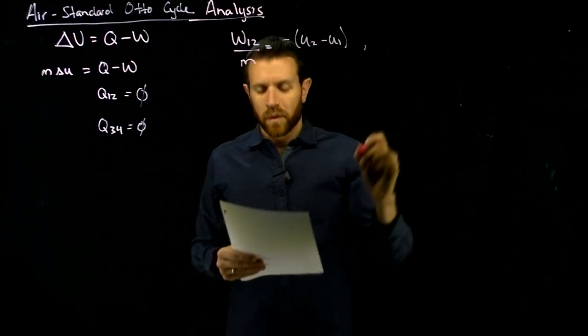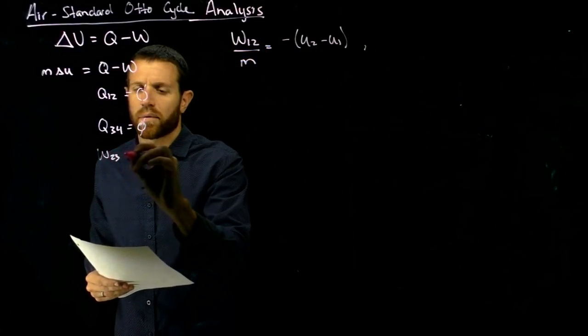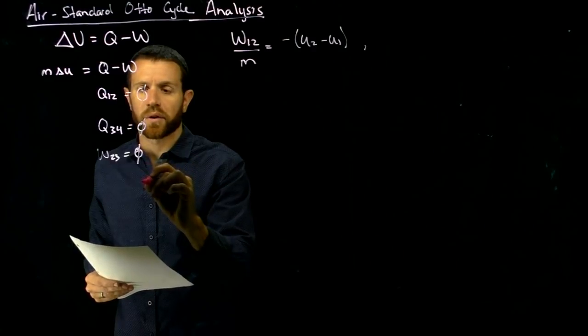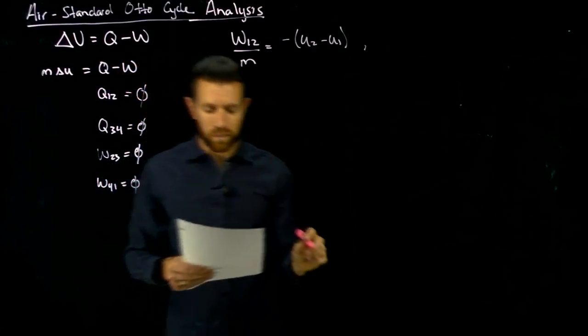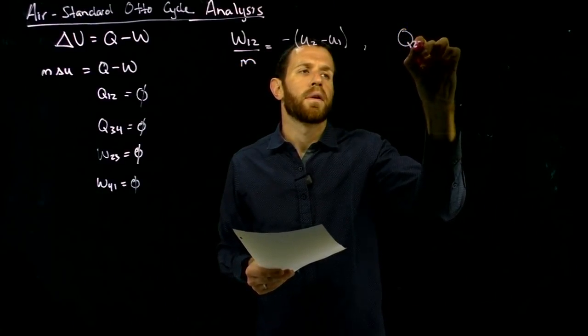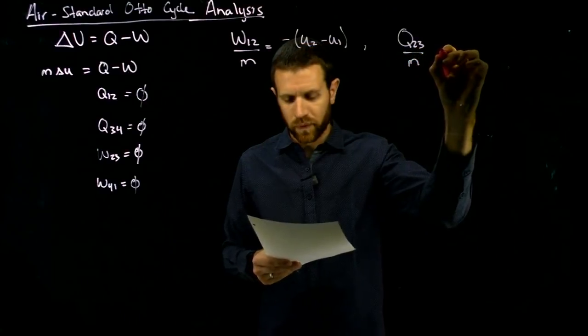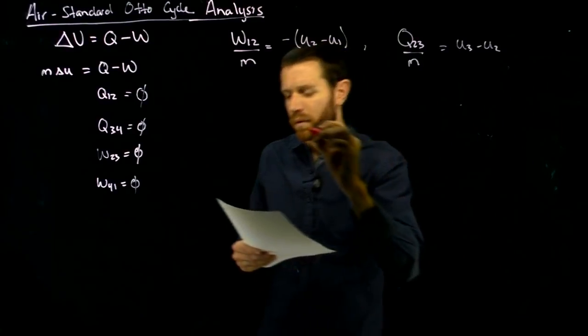Okay, so the work from 2 to 3 is 0 because we have a constant volume. And again, the work from 4 to 1 is 0 because we have a constant volume. But Q23 is not 0, and that's going to be equal to U3 minus U2.